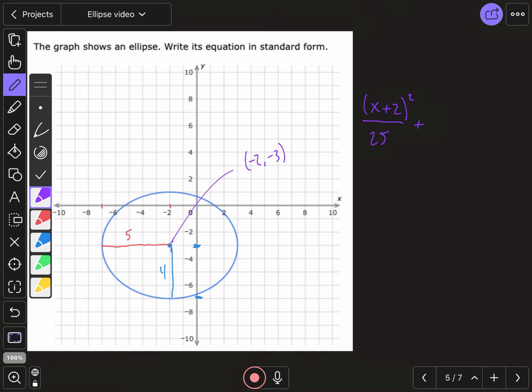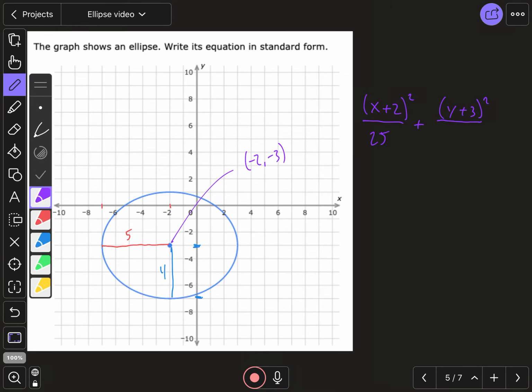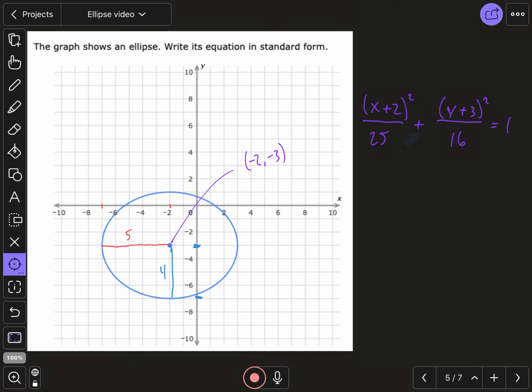Plus, always plus, fraction, parentheses, so y, and then the y coordinate is -3, so that's going to be y plus 3 squared, over 4 squared, which is the vertical component. So 4 squared being 16, and that's going to be equal to 1 every time. So ellipses are always a plus in the middle, and ellipses are always equal to 1 when you write the equation.